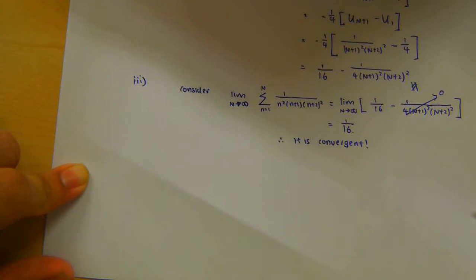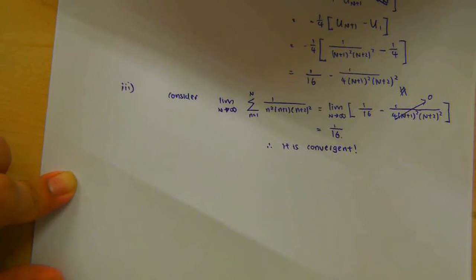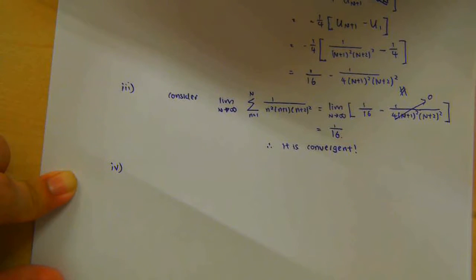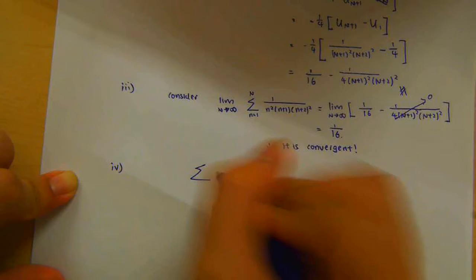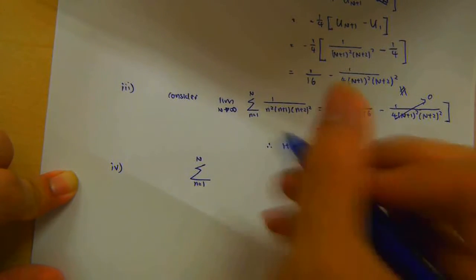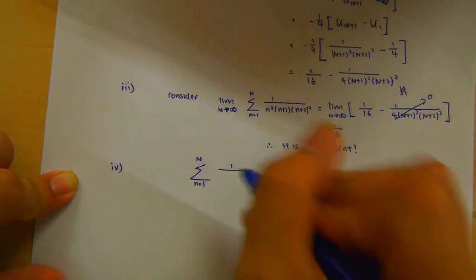Next, for part 4, we are asked to make use of the answer in part 2 to find the expression for yet another summation sign. We shall now write down the summation sign.